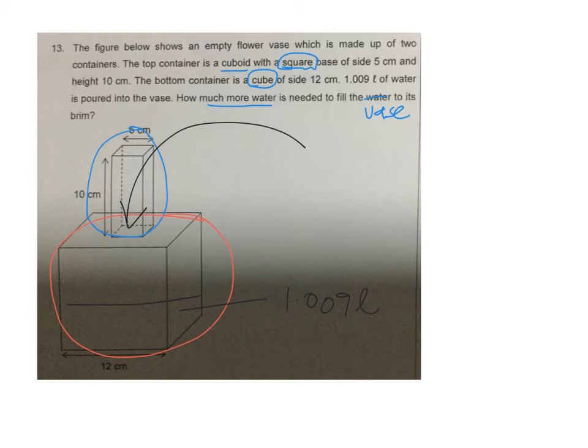I think the key concepts we need to work on will be to find volume of cube or cuboid. Can you recall? Length times breadth times height. Now the other tricky thing is the units. This is liters. When you use length times breadth times height, you will get your answer in cubic centimeters.